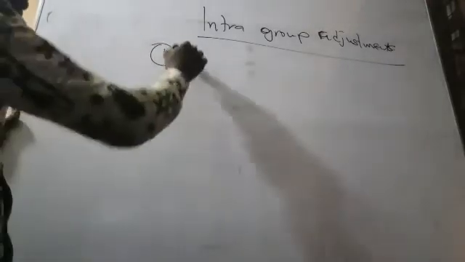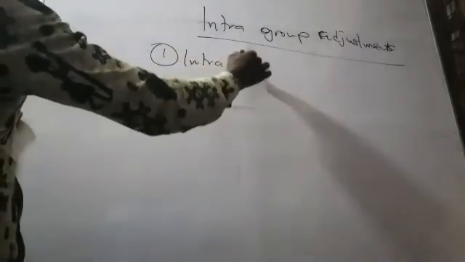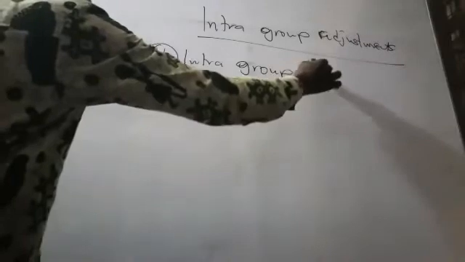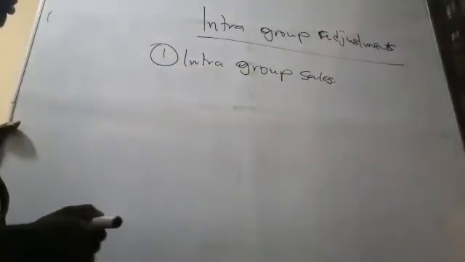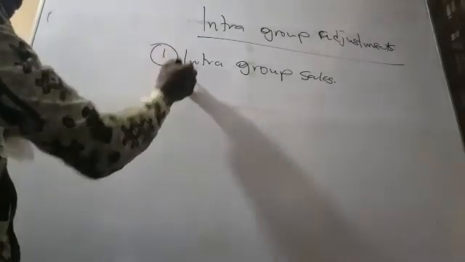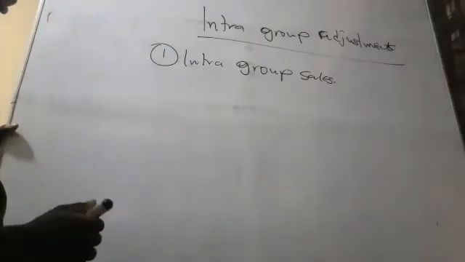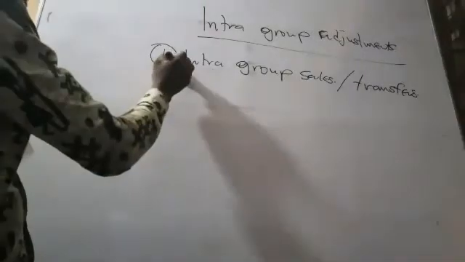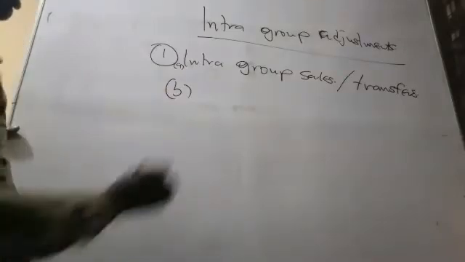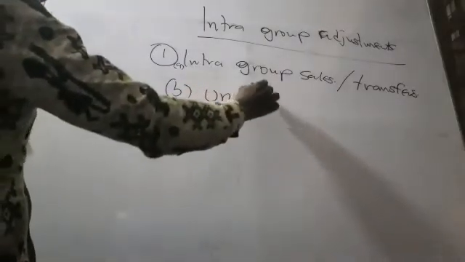First, number one on the list is intra-group sales or transfers, which will give rise to unrealized profits. Let's make it 1A. It will give rise to what we call unrealized profits.